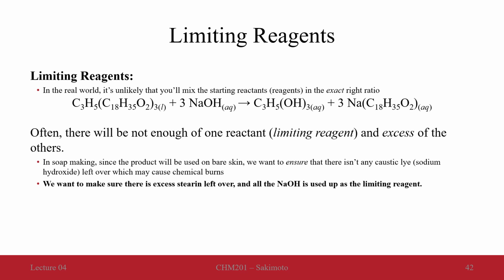But caustic lye, the sodium hydroxide, is quite corrosive, quite caustic as its name would imply. And we want to guarantee that all of our sodium hydroxide is used up as our limiting reagent, that we ensure that there will be none of this caustic material left over after the soap is made. We want to make sure that there's excess stearin, a limiting amount of sodium hydroxide.